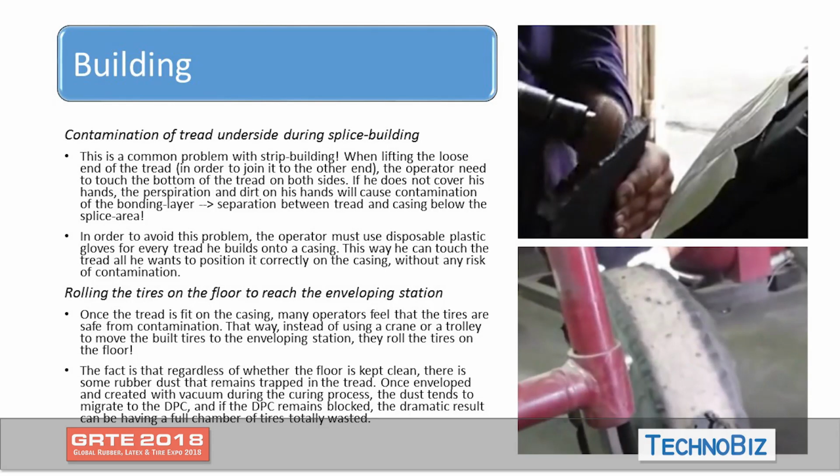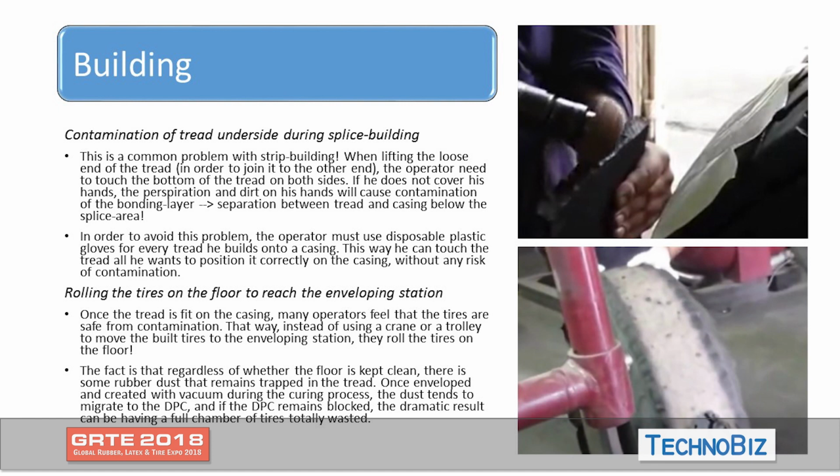When they envelope this casing to be prepared for the vulcanization, and they start creating the vacuum, these small pieces of rubber tend to migrate from the tread, and they end up where? In the DPC. The DPC is the differential pressure compensation in a pressure chamber.